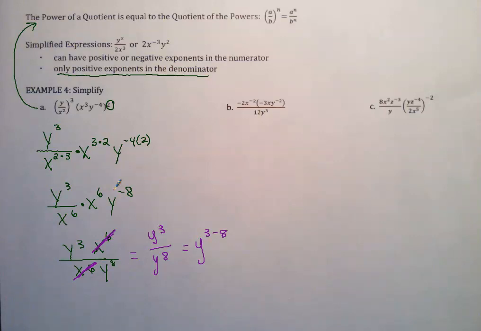Well, you said the y to the negative 5th. Perfect. Both of these would be simplified because you can have a negative in the numerator, which is what you have right here, y to the negative 5th, or you can have positives in the denominator, so 1 over y to the 5th. Either of those is simplified. Yep. Yes.